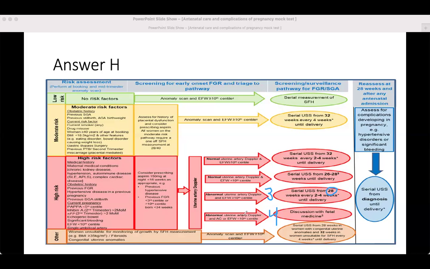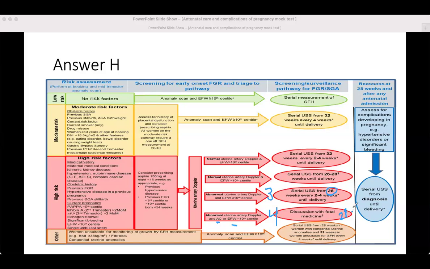But if it is abnormal uterine artery Doppler and a small size baby proved by the abdominal circumference or the estimated fetal weight less than 10th centile, here you will start early. This is condition number 4, and this is from 24 to 26.